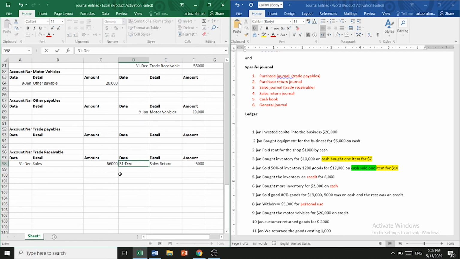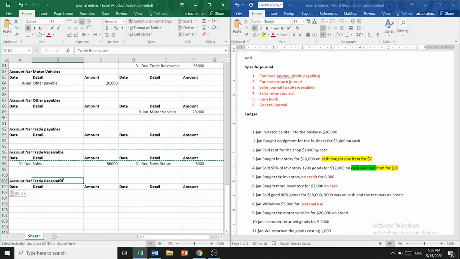I have to open the sales return account and post the entry again. So this is going to be trade receivable, the corresponding account.